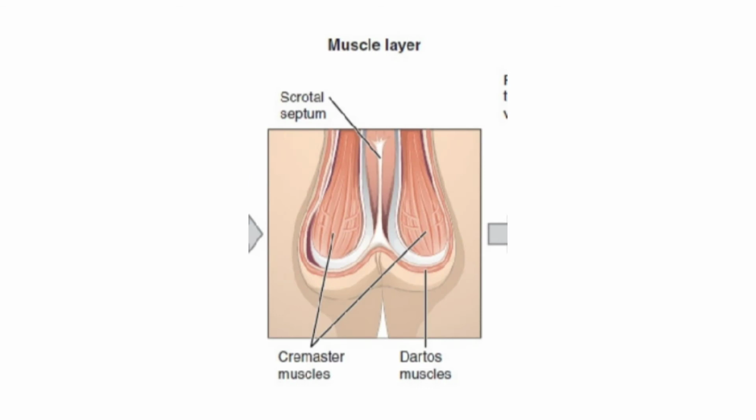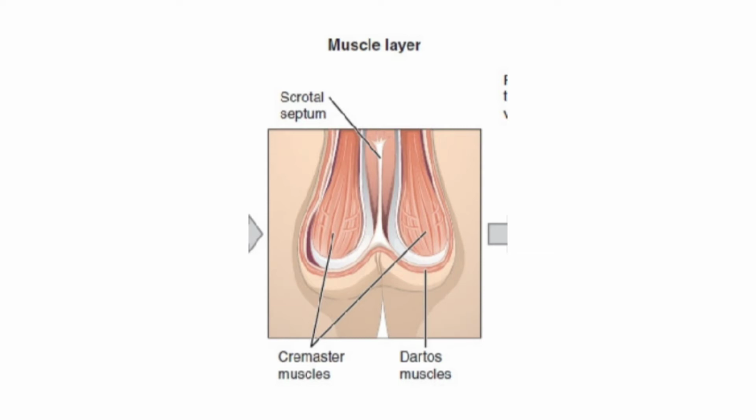The scrotal sac is made up of two types of muscles: one is the cremaster muscle and the other is the dartos muscle. Internally, the two scrotal compartments are divided by a septum, known as the scrotal septum.